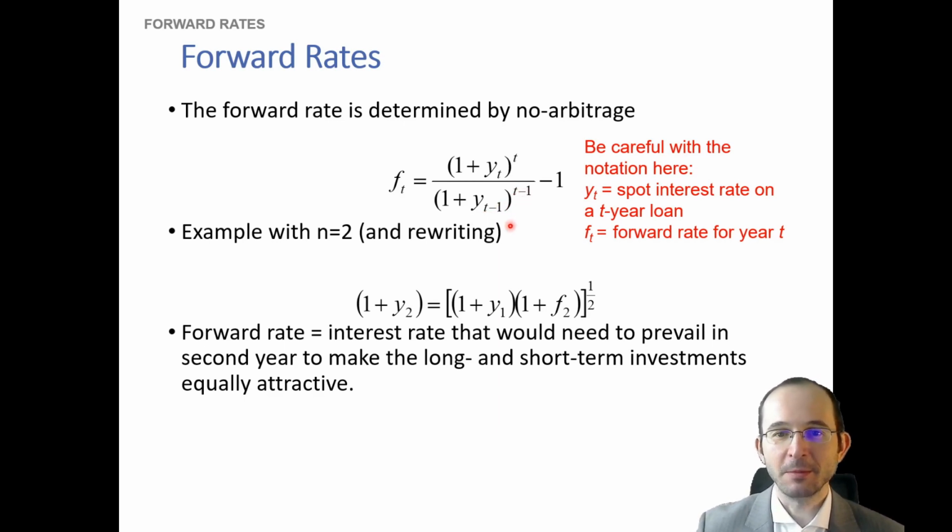So if this t minus 1 stuff is a little confusing, just substitute in 2 for t, and therefore 2 minus 1, 1 for t minus 1.